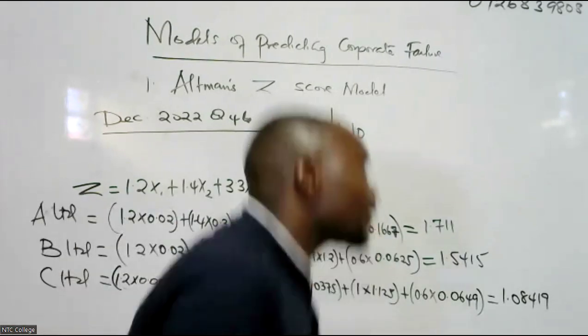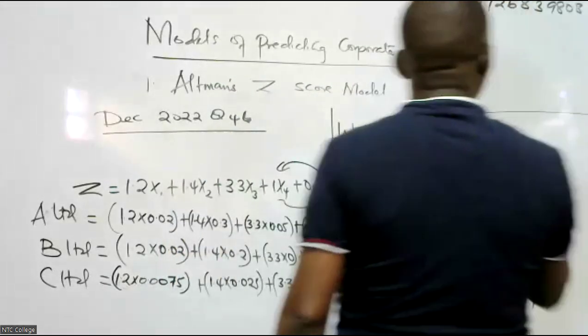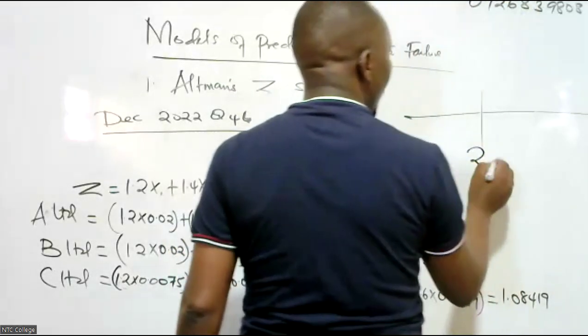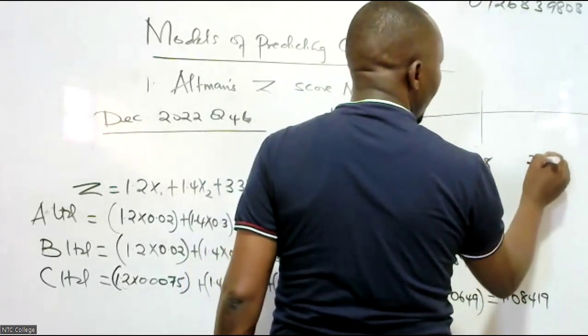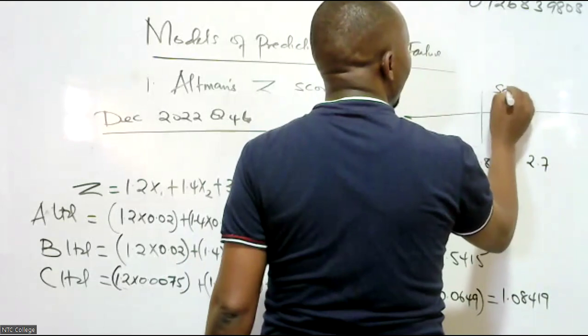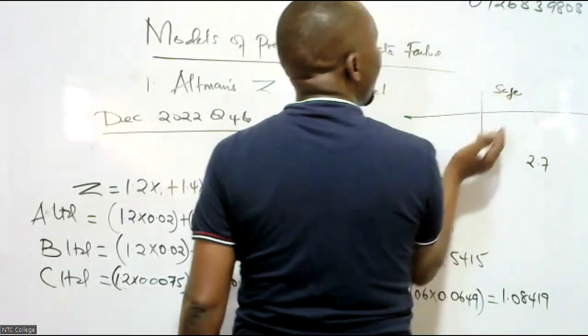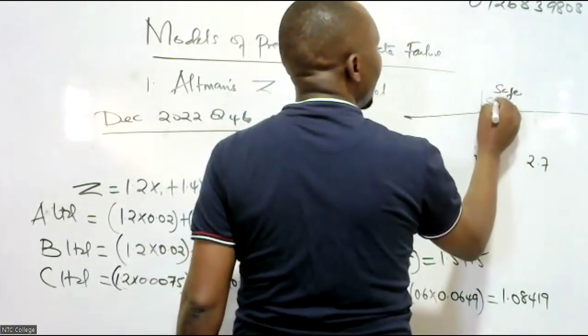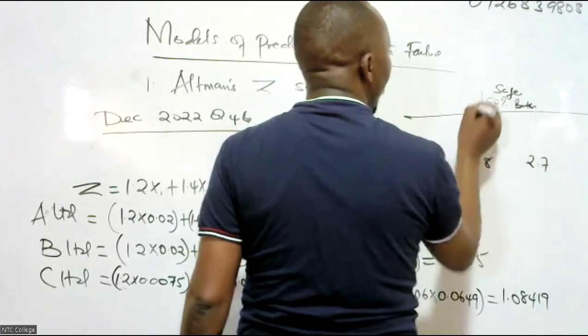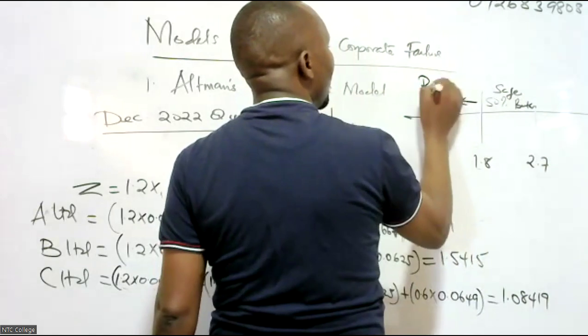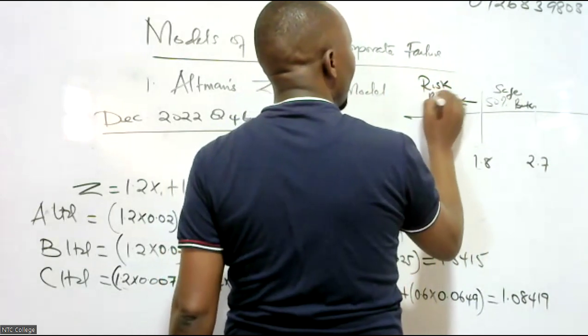Because we say that the bankruptcy level runs like that. So this one is 1.8, and then we have 2.7. This one is a safe region where we are saying there is 50% bankruptcy and 50% success. Anything that is here has got a risk of bankruptcy.